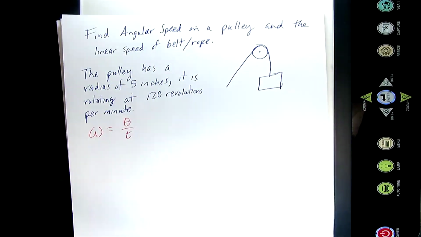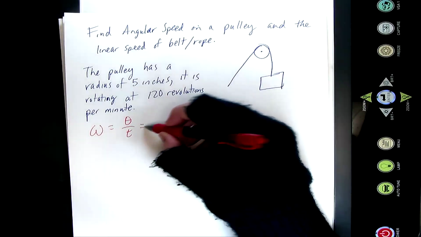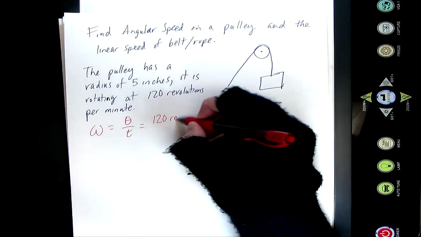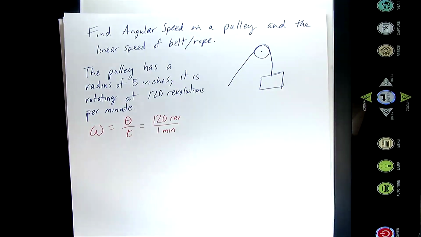That's theta over time. And we started with 120 revolutions per 1 minute. So we make a fraction like that.